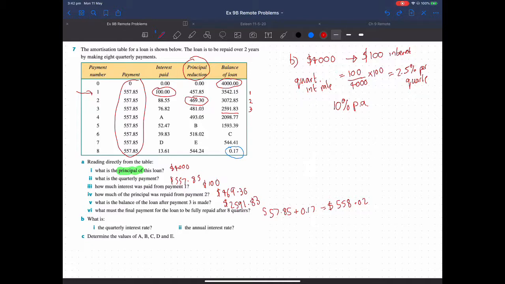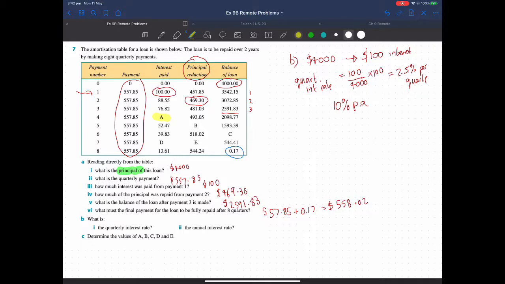It now says to us, determine A, B, C, D, and E. They are referring to numbers that are in the table. So I'm going to highlight those in yellow.